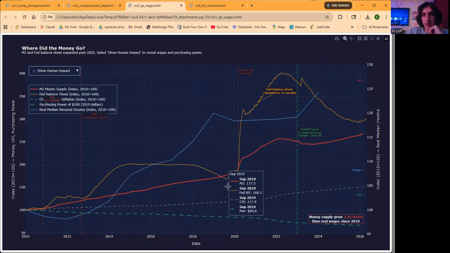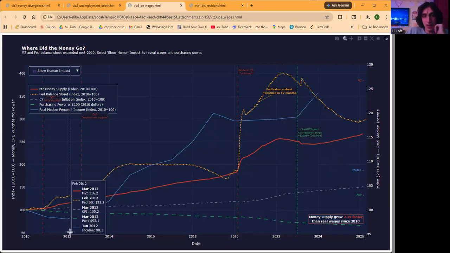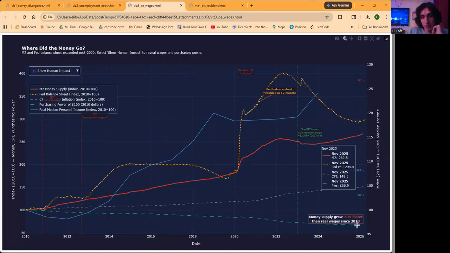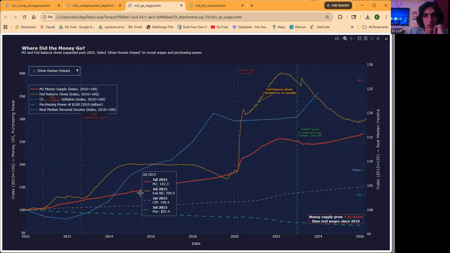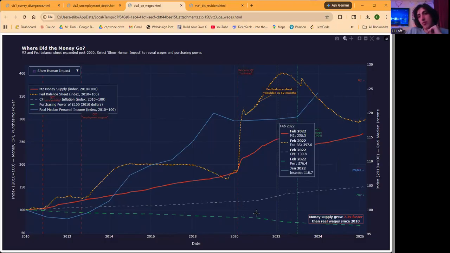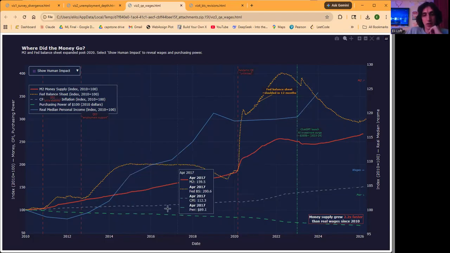We see the balance sheet greatly past that, and we see the purchasing power of that $100 that we had initially continuously decline. This line right here is going to represent inflation, which very closely mirrors the purchasing power of the dollar going down.